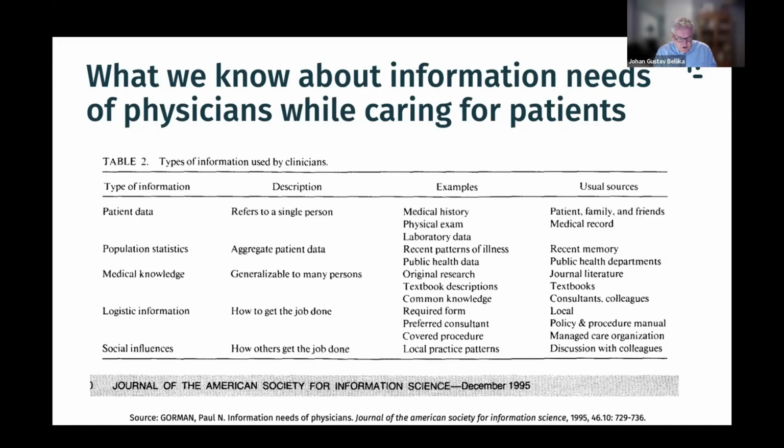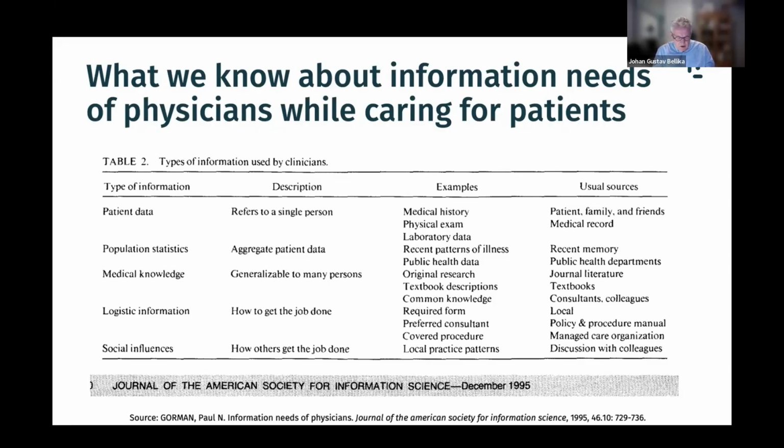Of course, a physician needs patient data about the patient they are seeing. They also need population statistics. They need medical knowledge, of course, logistic information about how to get the job done, and how others get their job done.